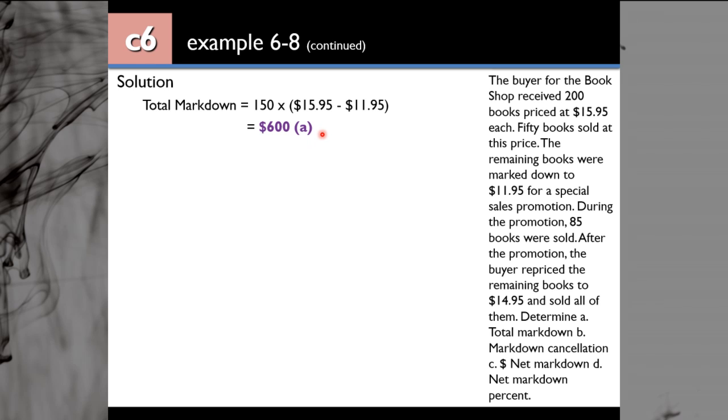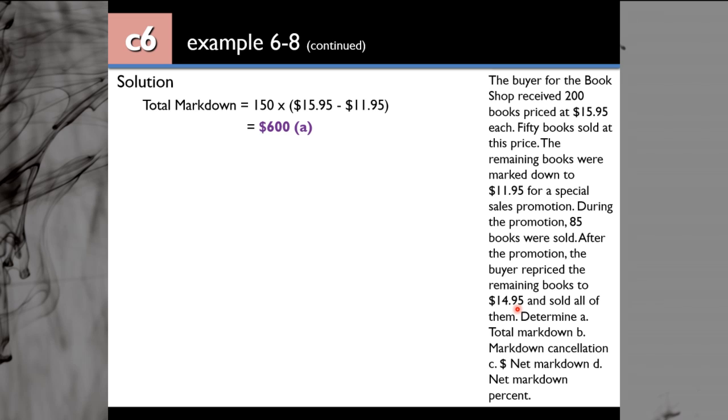And second, you can calculate markdown cancellation. Here, it said during the promotion, 85 books were sold. After the promotion, the buyer repriced the remaining books to this new price. And at this point, you can calculate how many items were canceled from that markdown. So that will be 150 minus 85. So 65 books will go back to the $14.95.